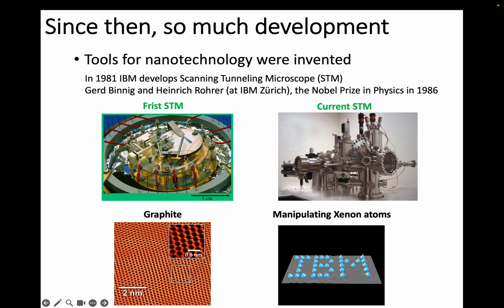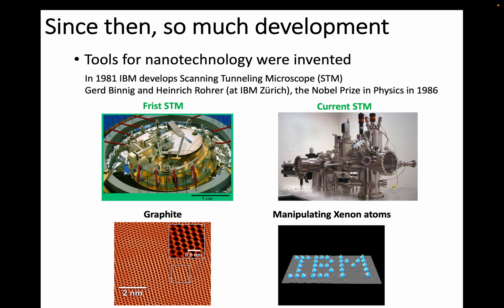By the way, have you heard about tunneling, electron tunneling? Maybe you have, but we are going to learn more about it in this course. The way it works is that if you bring the tip to the conducting substrate close enough, there is still an insulating gap, but if we bring the tip very close to the conducting surface, electrons can tunnel through the insulating layer.